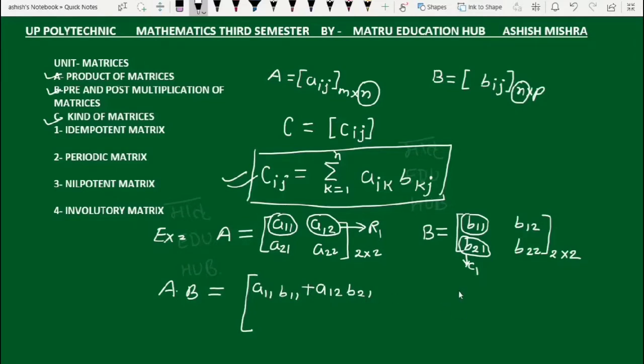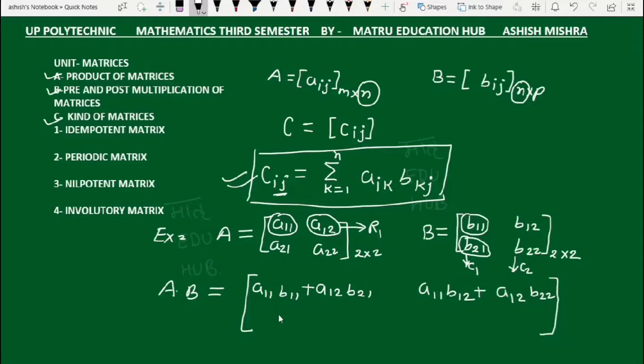This is the place of C11. Now C12 means first row second column. Take these elements: A11 B12 plus A12 B22.